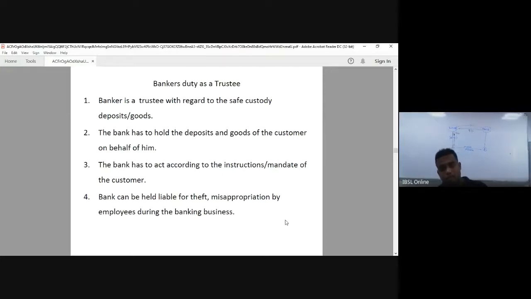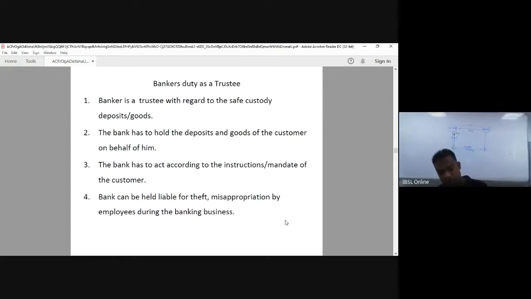The other important thing is, when a customer gets a service from the bank and keeps his valuables and goods in the bank's custody, the bank keeps them as a trustee, and the bank has to follow the instructions of the customer. So that is very important. The bank can be held liable for theft, misappropriation by the employees during the banking business.